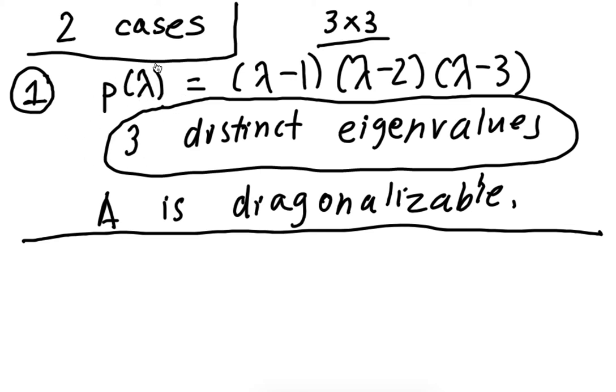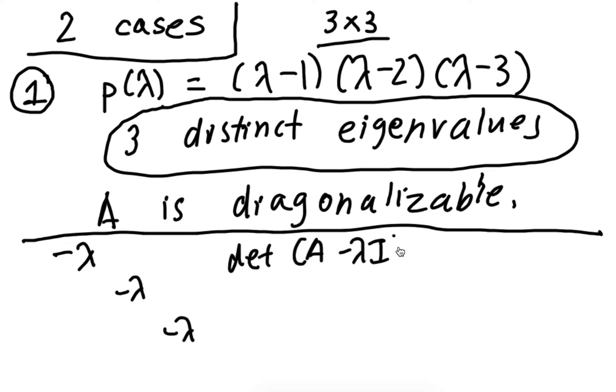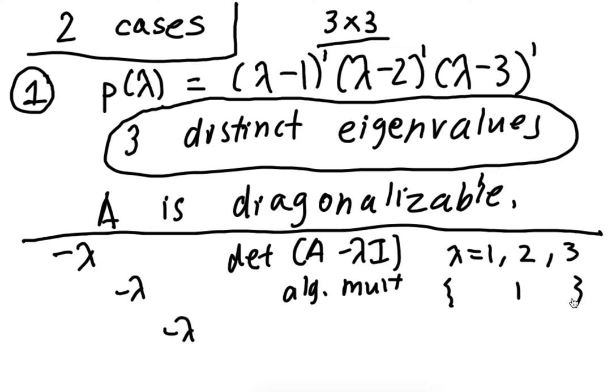Let's also remind ourselves that the characteristic polynomial is simply subtracting lambda along the diagonal, so it's the determinant of A minus lambda I. The algebraic multiplicity is simply the power of each of these terms. And we can see in this case, the algebraic multiplicity of lambda equals 1, lambda equals 2, and lambda equals 3 is 1 for each of them.